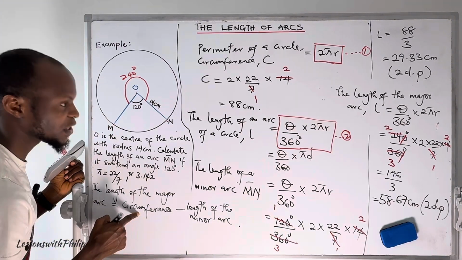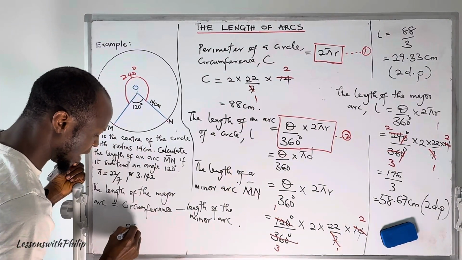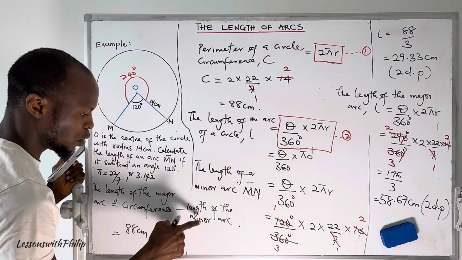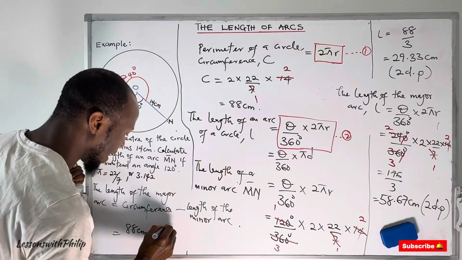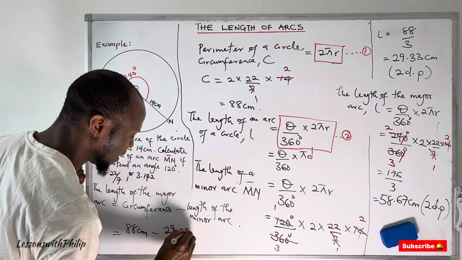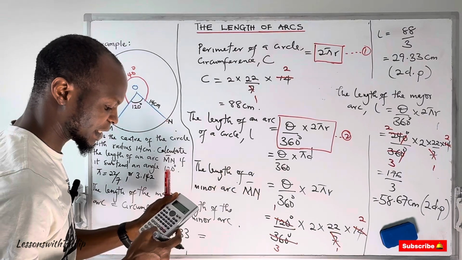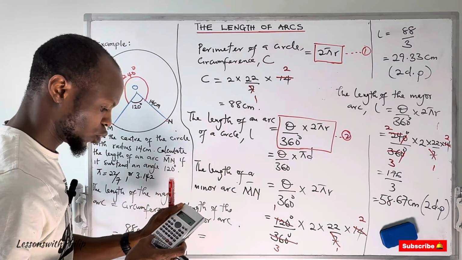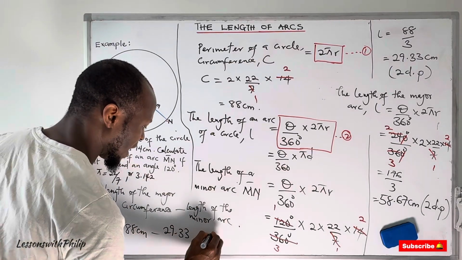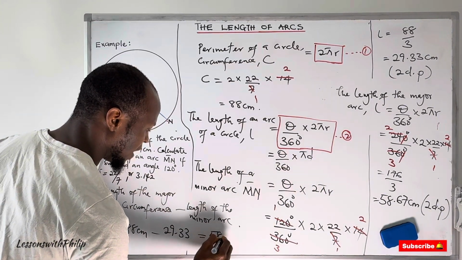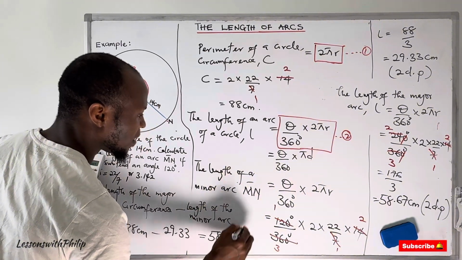And the circumference is 88 centimeter. If I subtract the length of the minor arc, which I've gotten to be 29.33, let's use our calculator to confirm: 88 centimeter minus 29.33 will give me 58.67 centimeter.